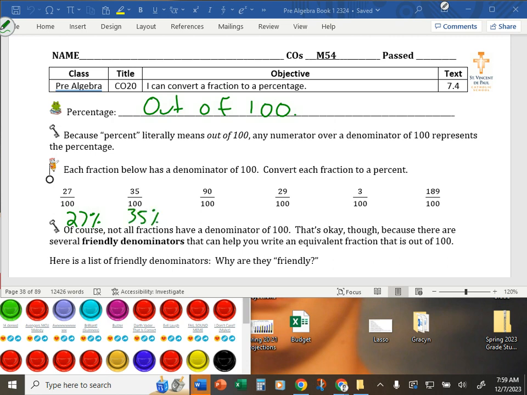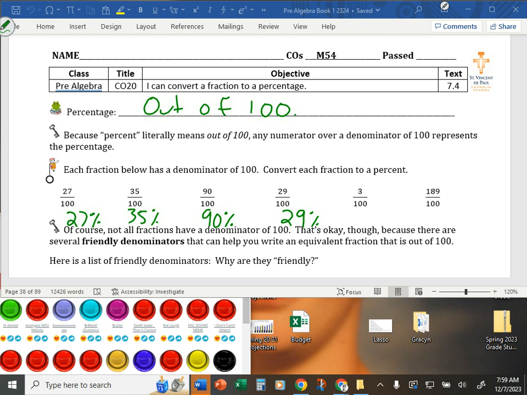90 out of 100. What percentage is that? 90%. 29 out of 100. 29%. 3 out of 100. 3 over 100. Percentage. 0.02, that's a decimal.